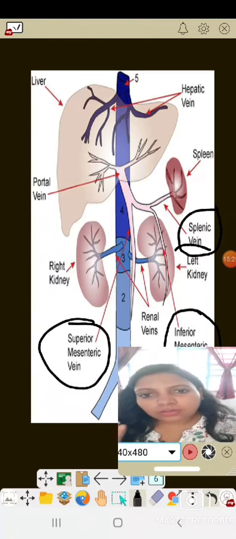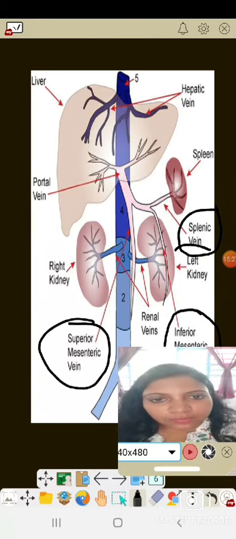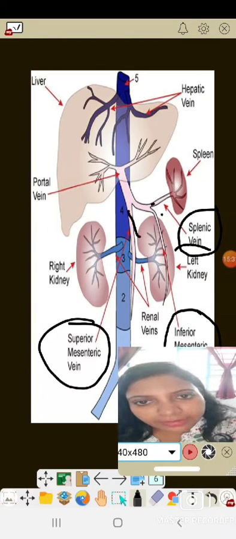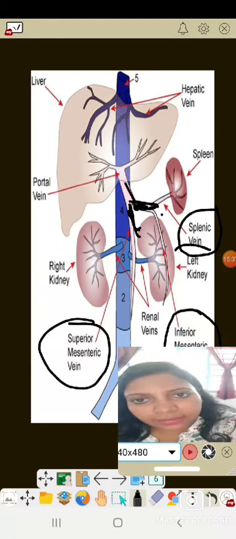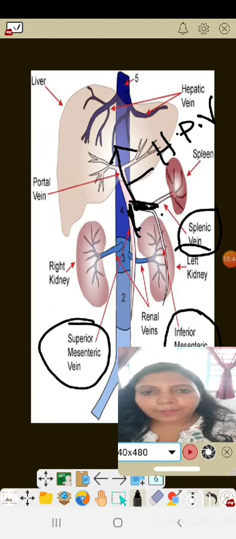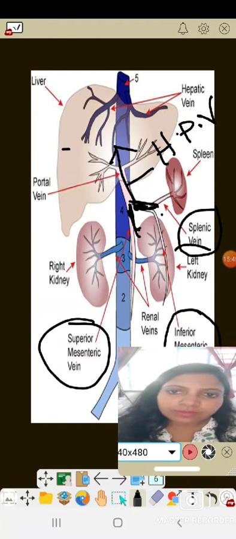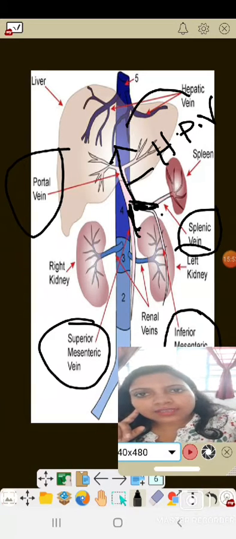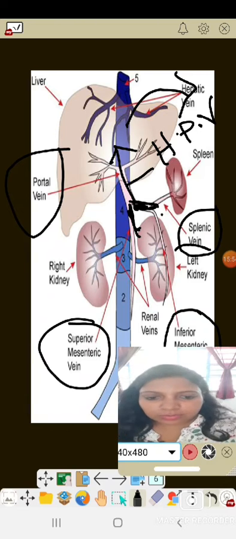So all these types of veins arise from certain organs, and they will reunite here with the splenic vein, and finally enter into the liver as the hepatic portal vein. So this is the hepatic portal vein, and finally it leaves the liver as the hepatic vein and goes back to the heart.